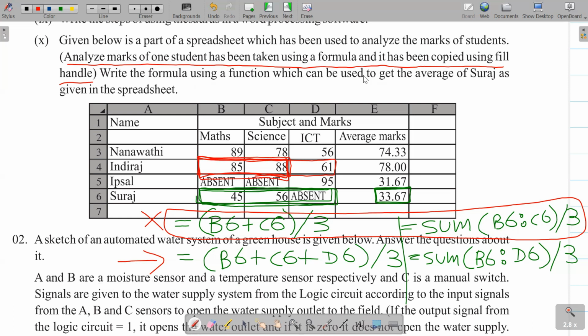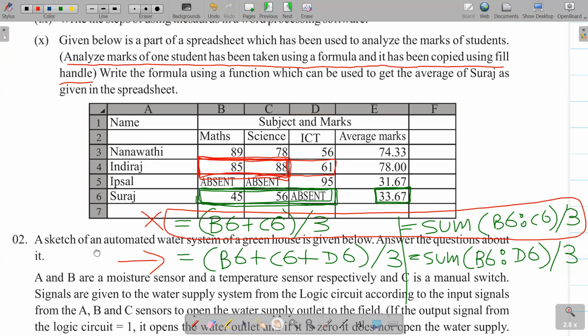Right. So people, you can calculate how much you got out of 20. You can take the marks for each part as 2 marks, right? So 2 marks for each and every part.